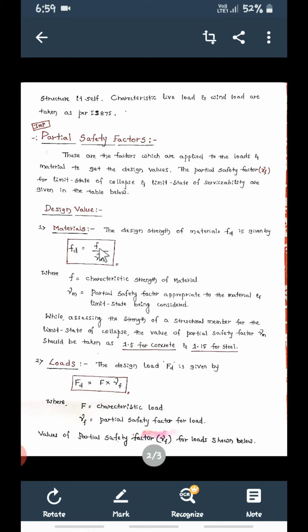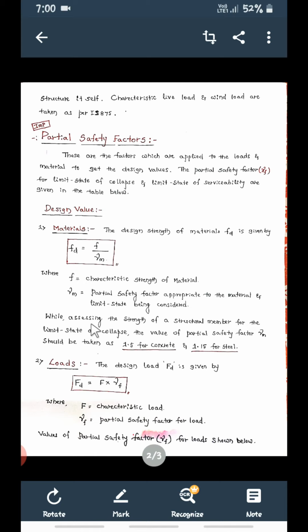For concrete it is FCK and for steel it is Fy, divided by gamma M. Gamma M is nothing but the partial safety factor, where F is the characteristic strength of material and gamma M is the partial safety factor appropriate to the material and limit state being considered. So depending upon which limit state we are considering, the gamma M value should be put.